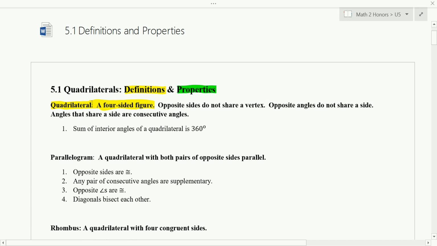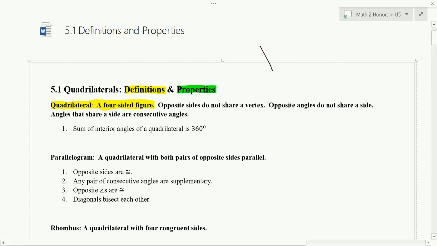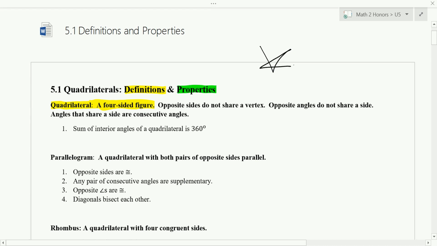There are some specifics to that, because what do you mean by a four-sided figure? Somebody may think, well, this is a four-sided figure, right? But that's not a quadrilateral. There's four segments and it's got four sides, but it doesn't fit some of these things.